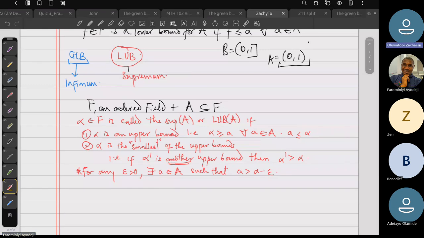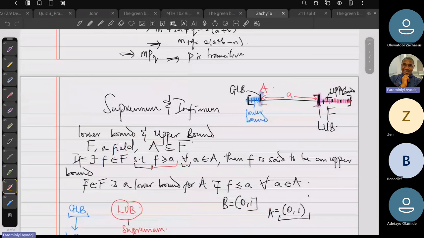Yes, sir. So if you look at the diagram, anytime you are doing analysis or any abstract math, try to anchor it on a geometric thing that you can relate with. So if this is the alpha, the supremum, if we subtract epsilon from it, we are going to the left.